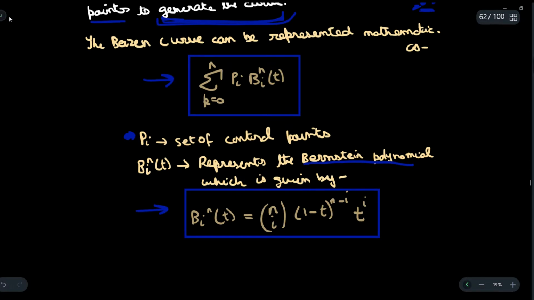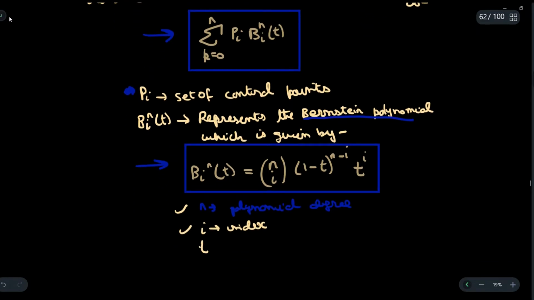Now over here n is equal to the polynomial degree, and the value of i is known as the index. That is, n is the polynomial degree, i is the index, and we have t as the variable.